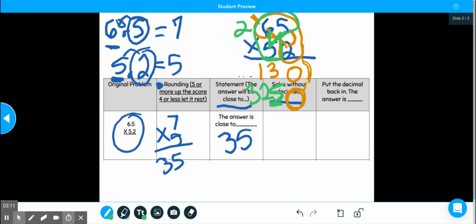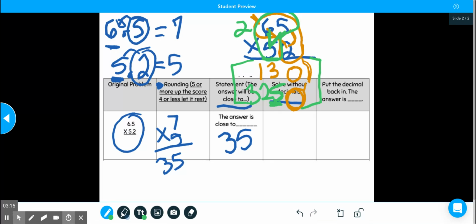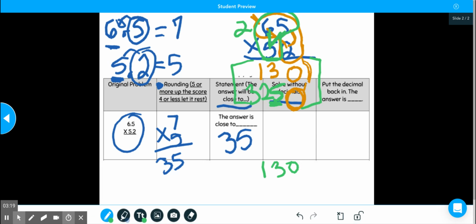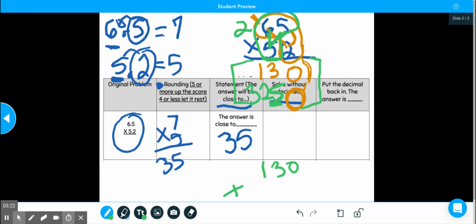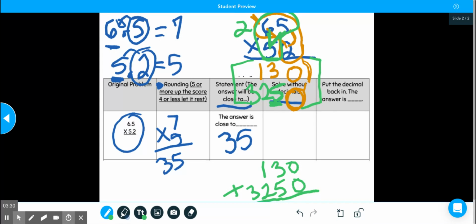I'm going to rewrite this part down at the bottom so we can see a little bit better, okay? So it's technically 130 plus 3,250. Notice how I made sure they were lined up, okay? Hopefully that little bar won't cover it up.